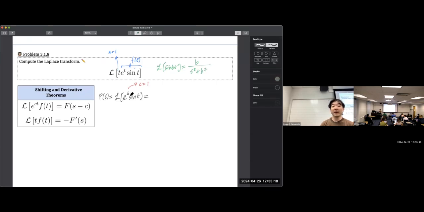So we can go immediately, right? What would be the Laplace transform of e to the t sine of t? Given the Laplace transform that we saw before, the shift is just by 1, so it's going to be equal to this: f of s minus c is s minus c, but c is 1, so it's s minus 1 squared plus, and I'll just make b equal to 1, because b is equal to 1, this b here.